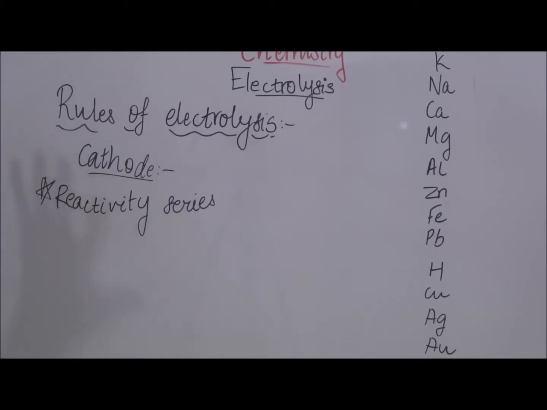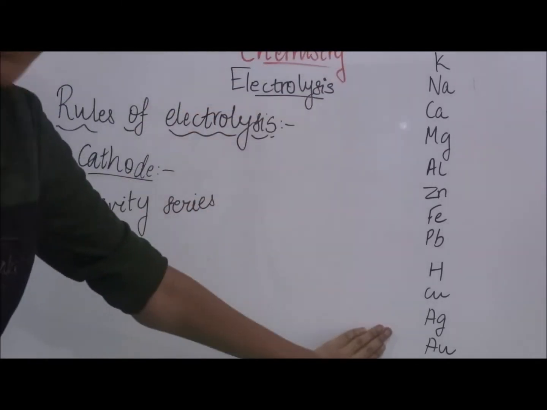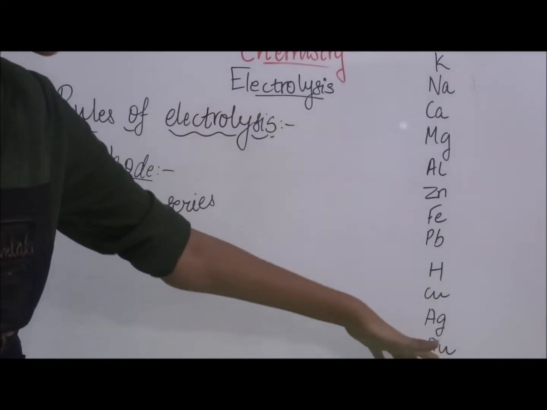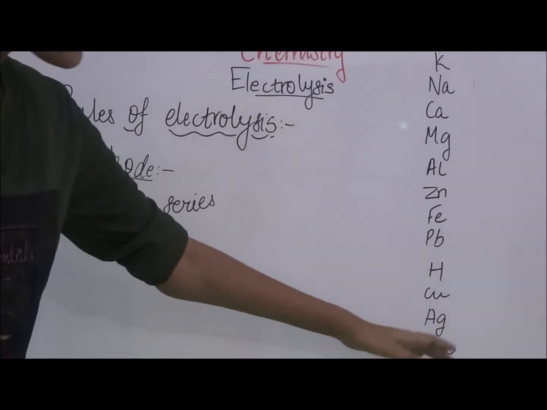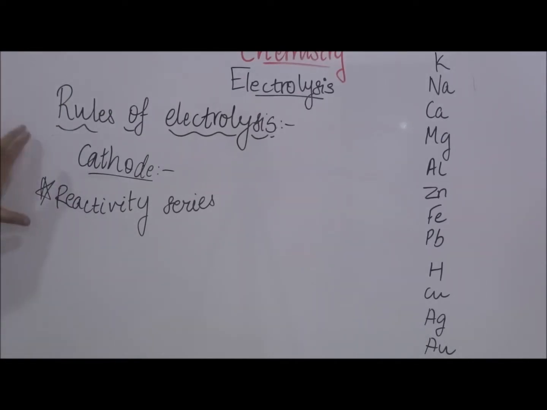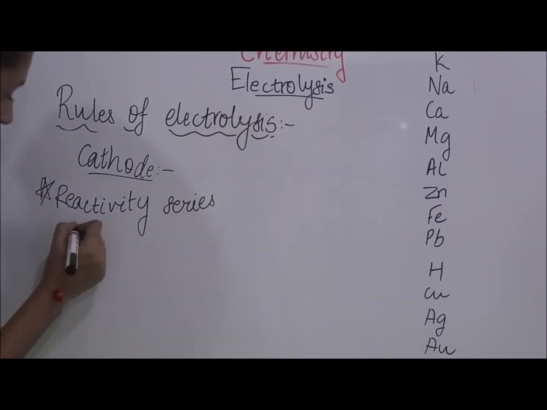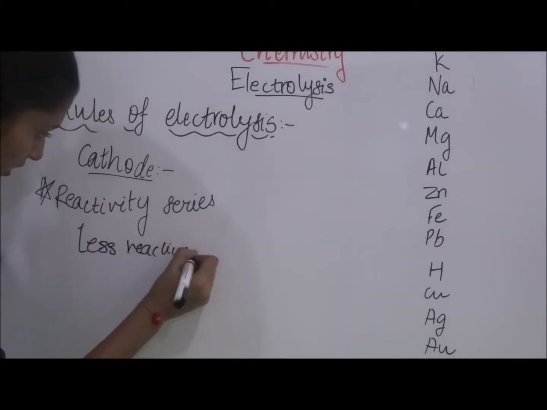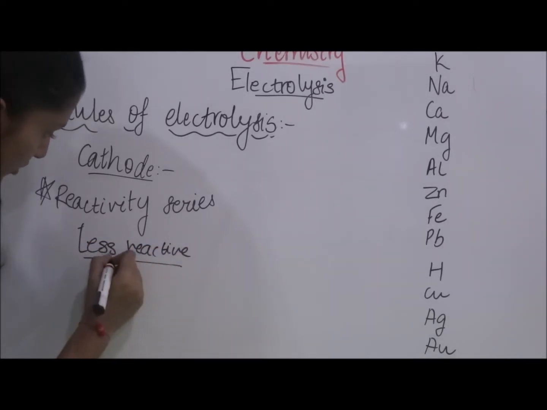To understand what will form at the cathode, the only important thing is the reactivity series. Now here I have the reactivity series written down for you, which starts with potassium and the last is apparently platinum, but you consider gold or platinum as the end. So to understand what forms at the cathode, only remember the less reactive metal or element will form at the cathode.